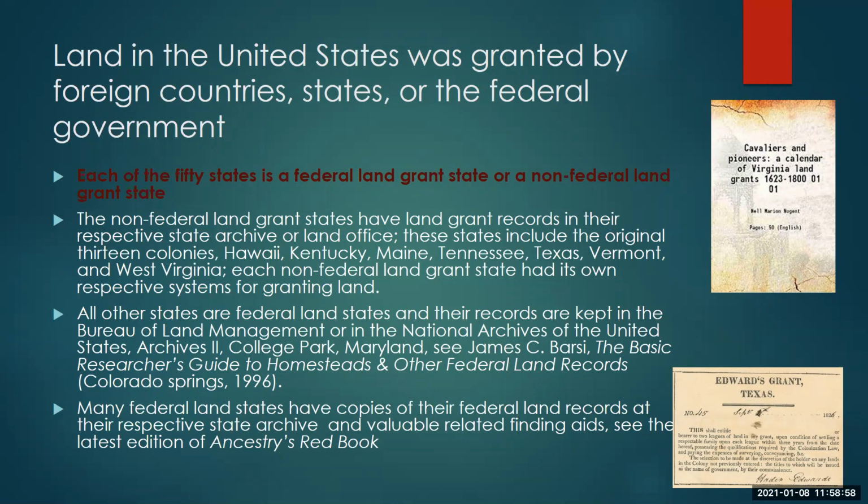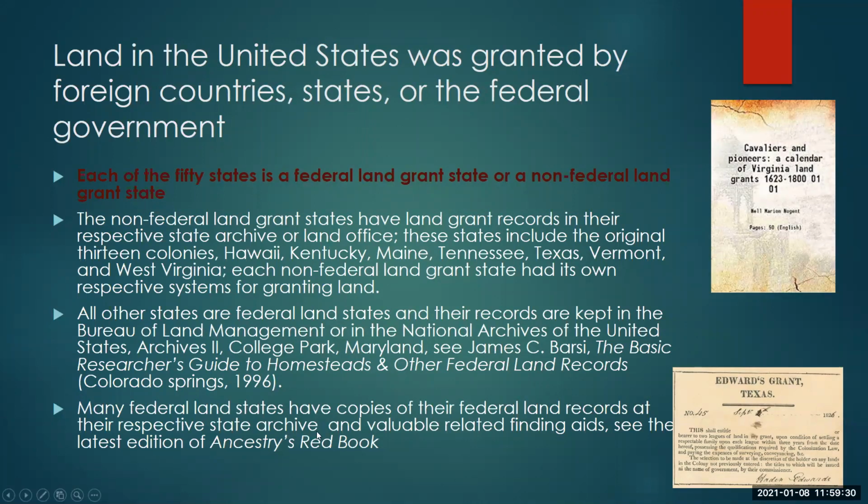Many states have specific resources just for their state that are special. For example, Alabama. Alabama has the county tract books for every county in Alabama online, free. And you can go there and hunt up your ancestors' land grant information. The same may not be true of Mississippi or Arkansas, but they may have their own special sources at their archives for their respective federal land records.